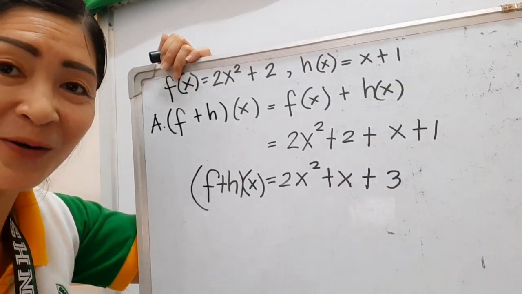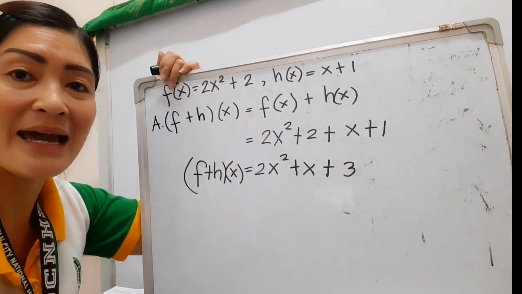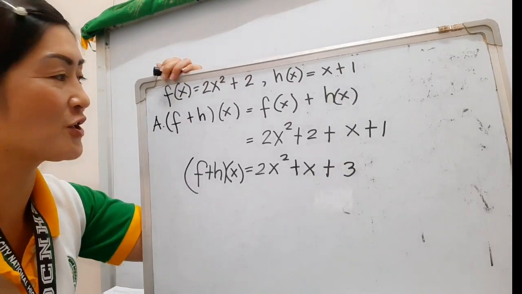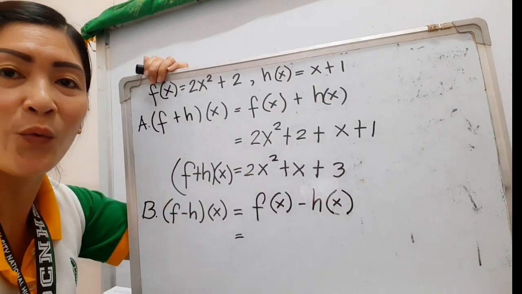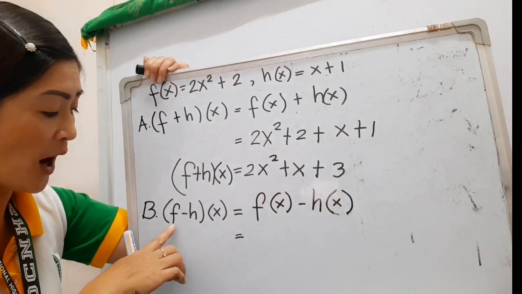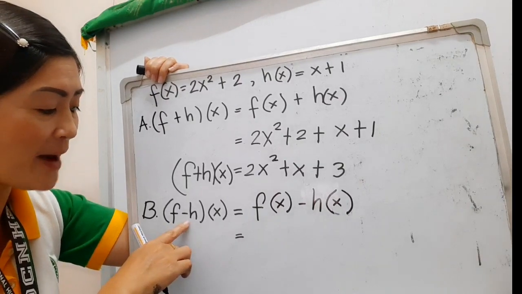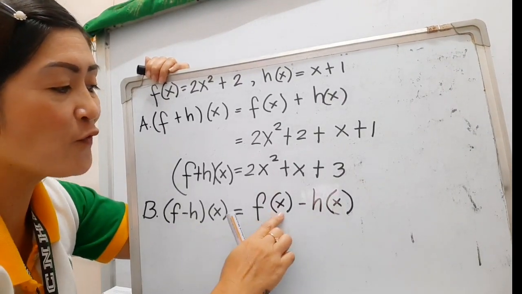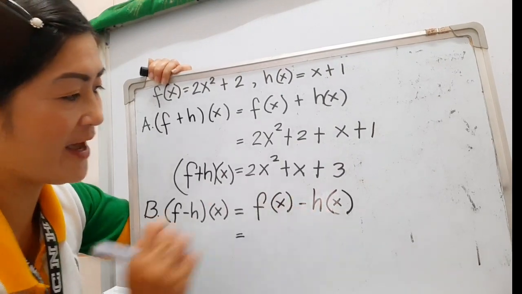Do you follow? Next is the subtraction of two functions. Given the two functions, we can also subtract the two functions. So, with our pattern f minus h of x, it may result into f of x minus h of x.